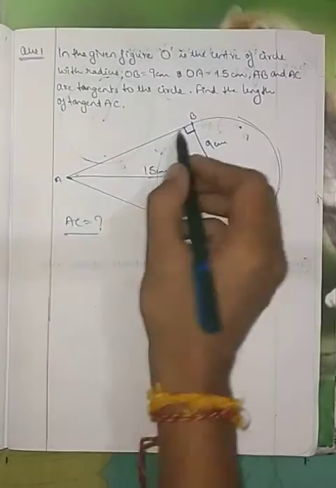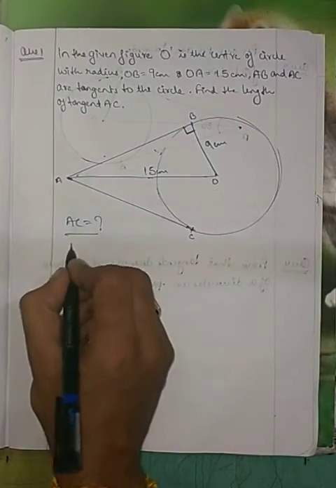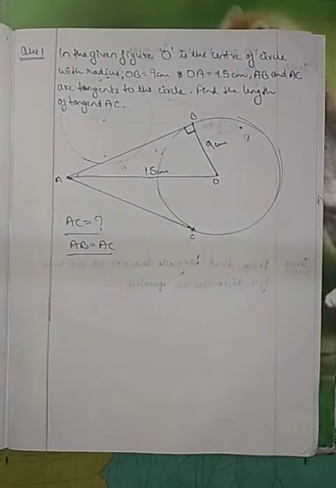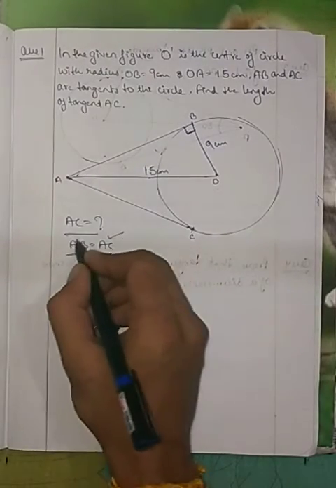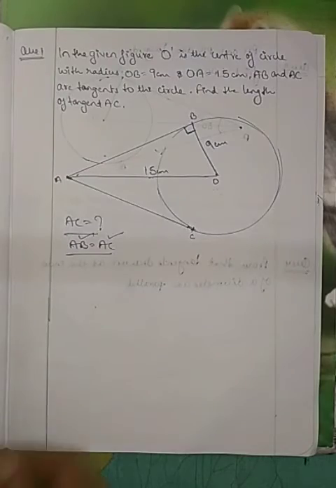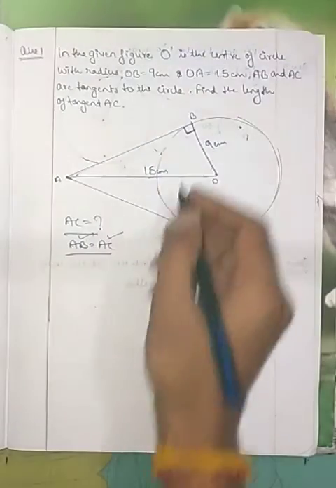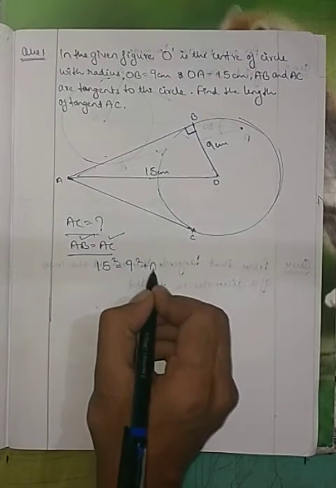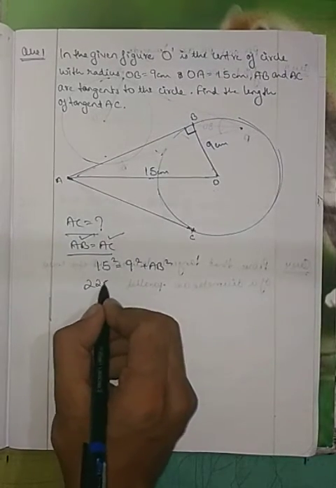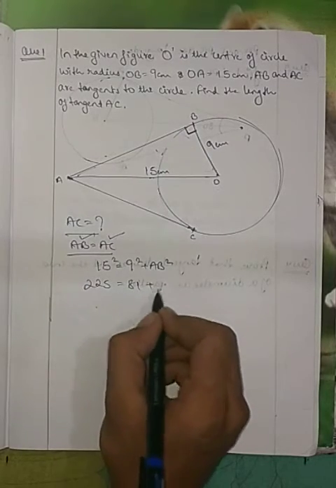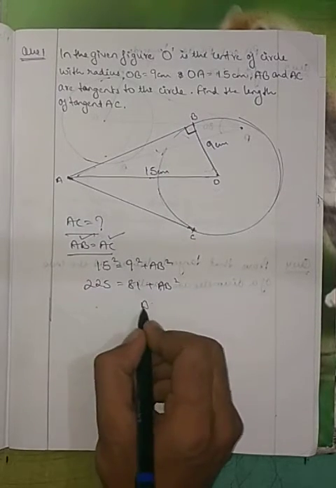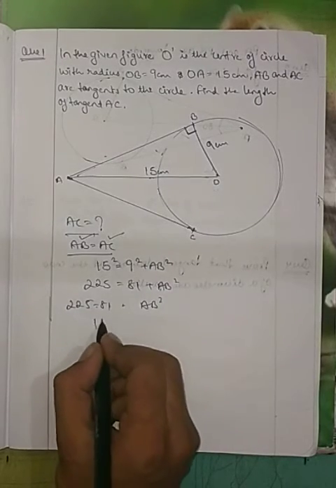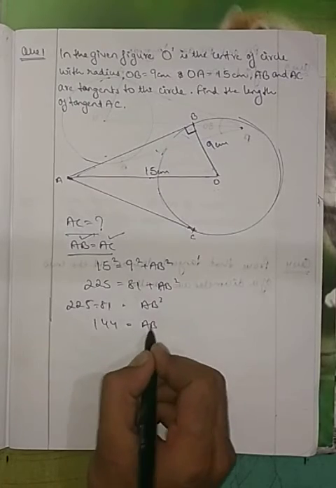As you already know, AB and AC are two tangents, so AB will be equal to AC. Both the tangents are from external point A. So in place of finding AC, we will find AB in this right angle triangle using Pythagoras theorem. 15 squared is equal to 9 squared plus AB squared. 225 is equal to 81 plus AB squared. AB squared is equal to 225 minus 81, which is 144.